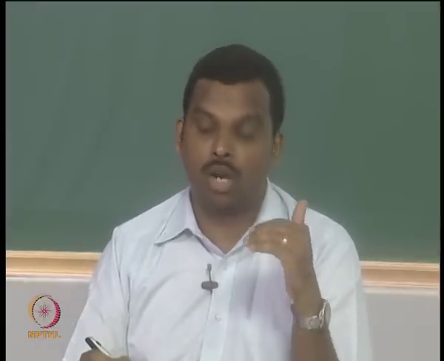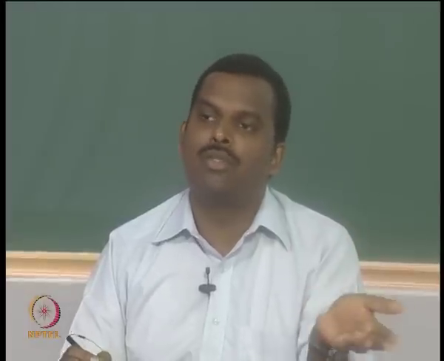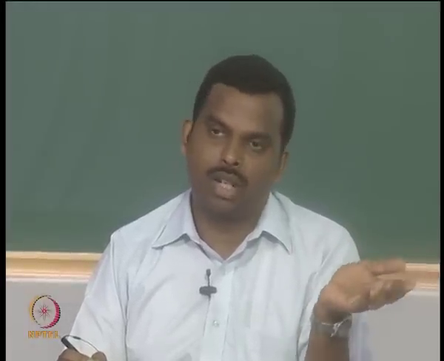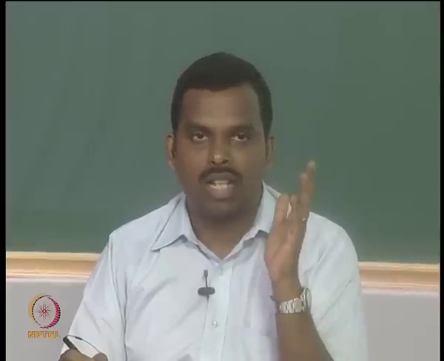If all those estimates agree and they are pointing in one direction, which is B, then you simply say the estimate I will use for my first row is that B. In case there is any disagreement, what do you do? You simply go back and rely on the intrinsic information for that particular value. That is the idea here.